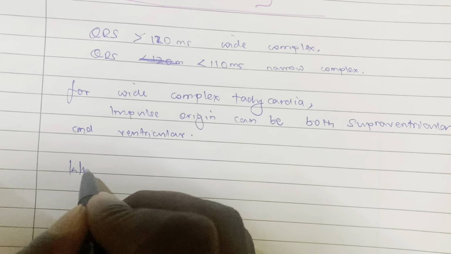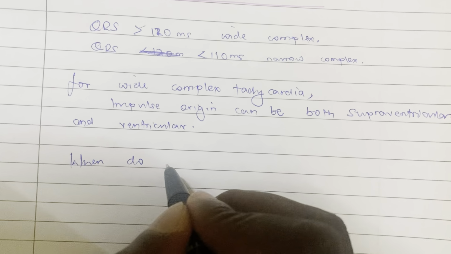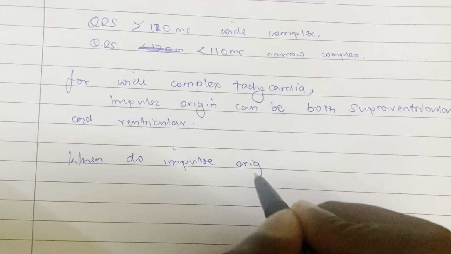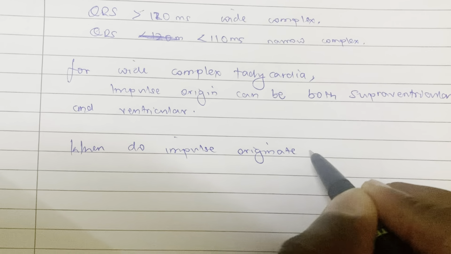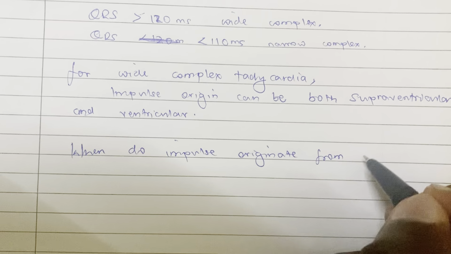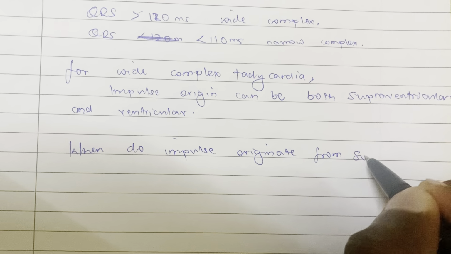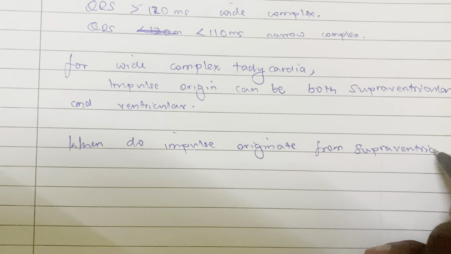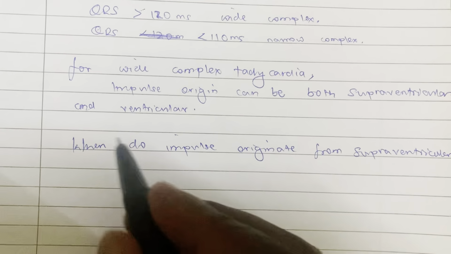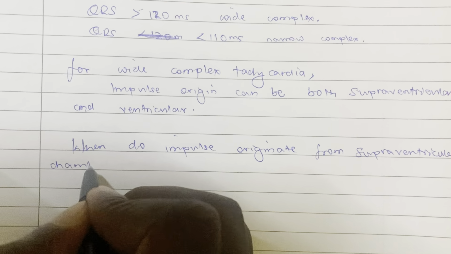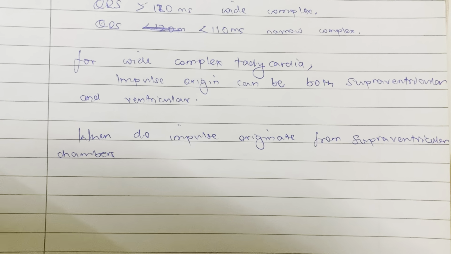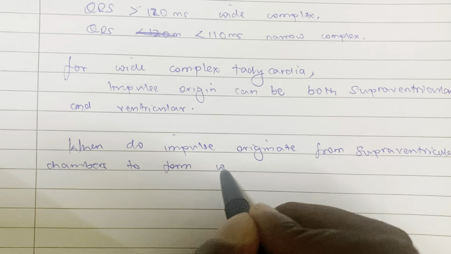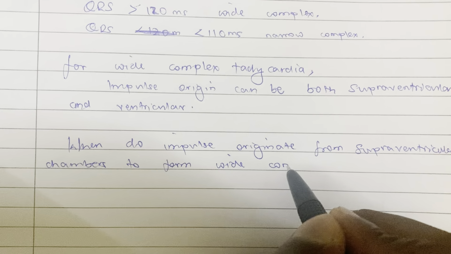So we are going to see, when do impulses originate from supraventricular chambers, that is atria, to form wide complexes?